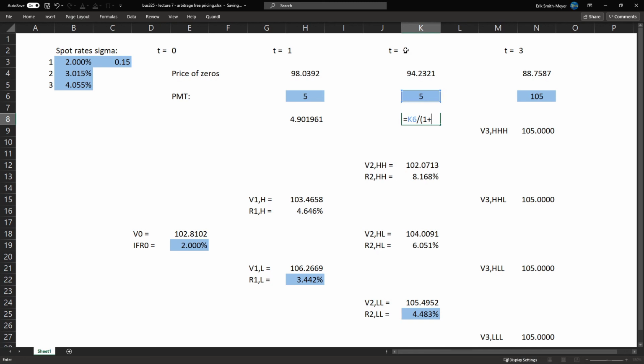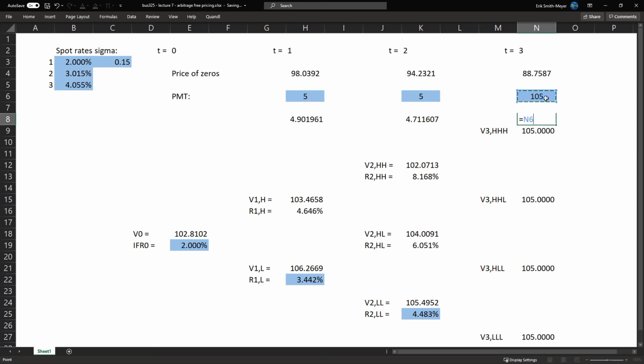This is the year 2 cash flow, so we need to use the year 2 spot rate. And since it's year 2, we need to raise it to the second power. Okay? And we have the year 3 coupon plus face value.